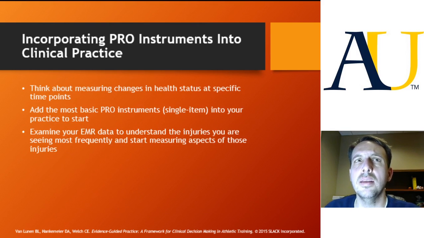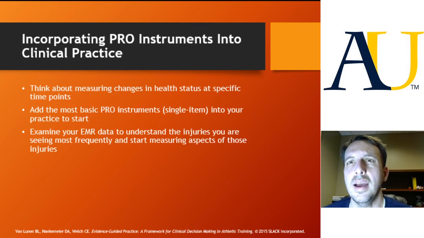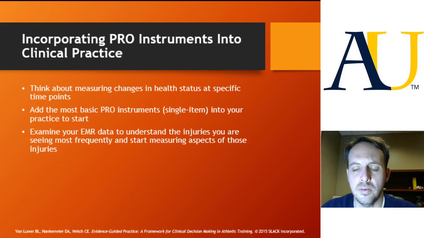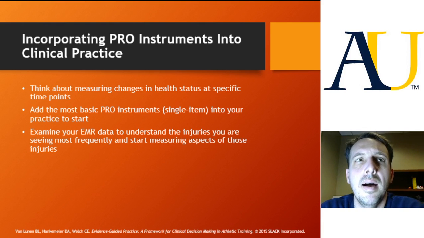And so when we get into incorporating these into our clinical practice and how we can use these to then measure the effectiveness of our treatment, we just simply start to incorporate some of these patient-rated outcomes within our normal reevaluation procedures.